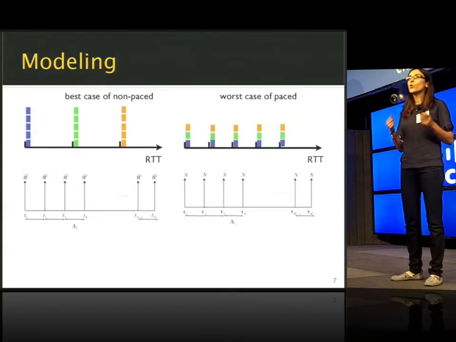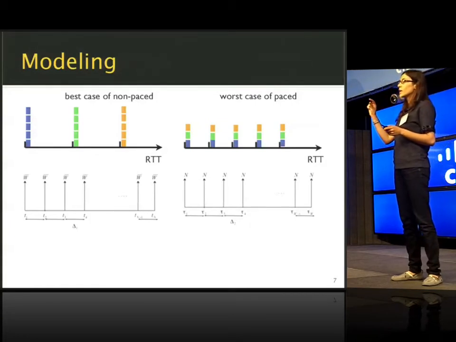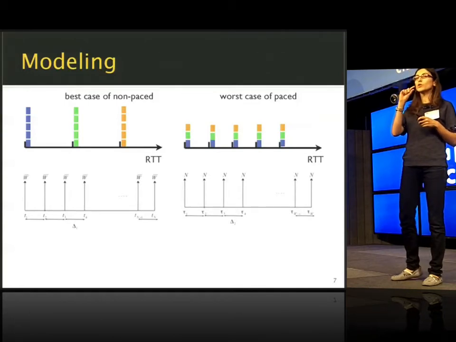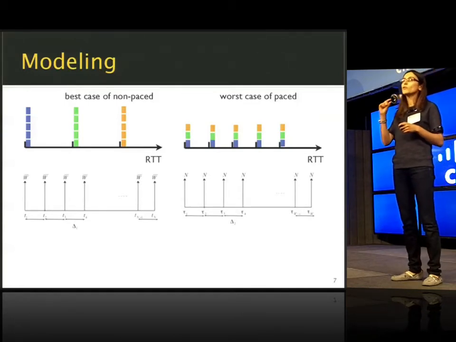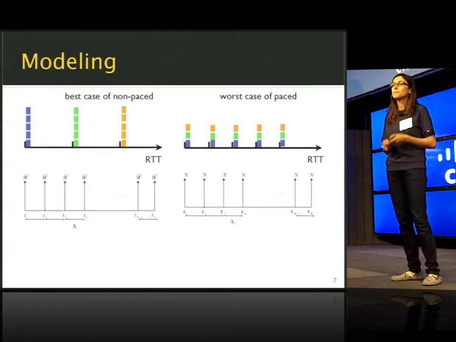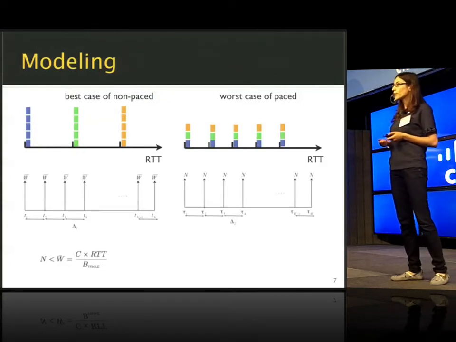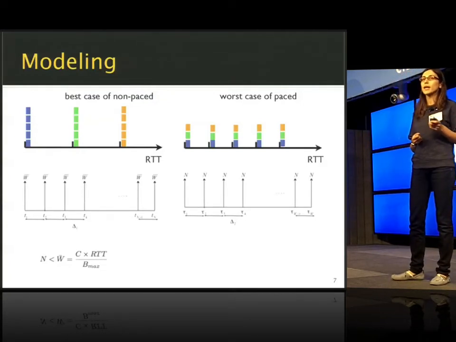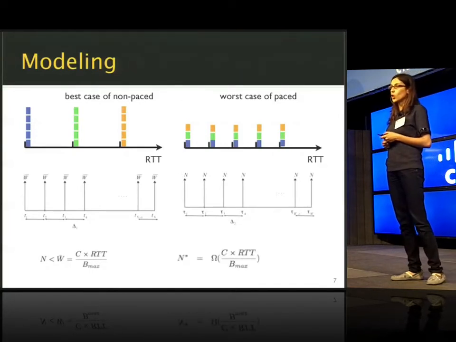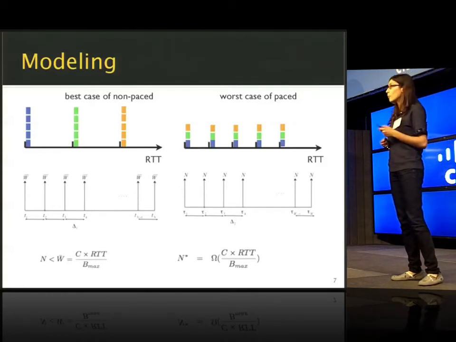On the other hand, the worst case of paced TCP happens when each flow is sending in a paced manner, but inner flow burstiness occurs and flows are synchronized so that every flow is sending n bursts at the beginning of each time interval. In the paper, we show that paced TCP performs better than non-paced TCP as long as n is less than W. With that, we present a lower bound on the effectiveness of pacing as a number of flows.